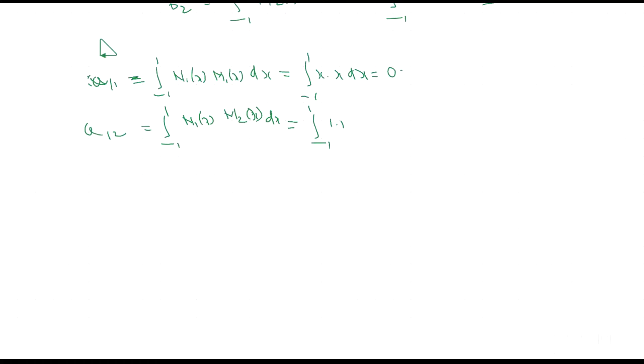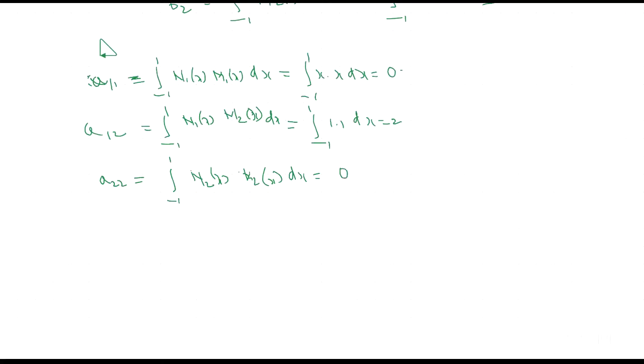which equals 2. A21 equals 2, and A22 equals the integration from minus 1 to 1 of N2(x) M2(x) dx. Now this gives 0.